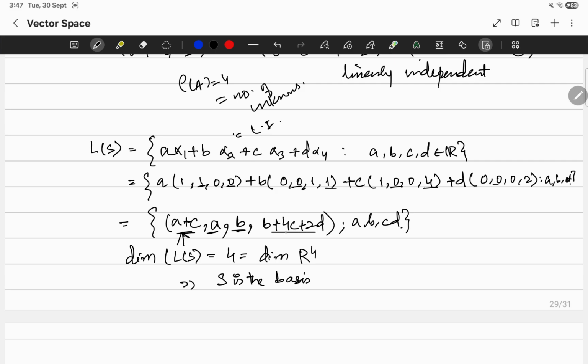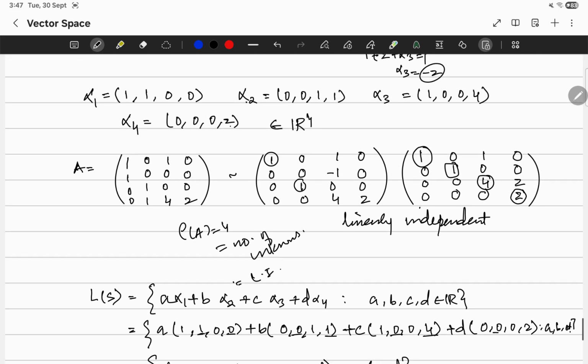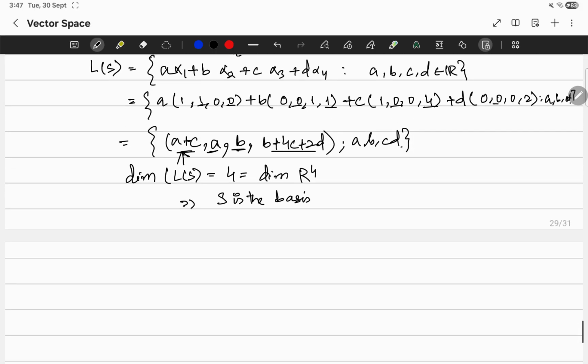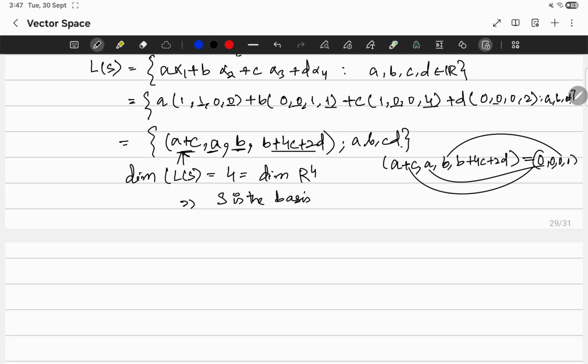You can make a matrix here and check it. This linear combination, a plus c, a, b, b plus 4c plus 2d, should be equal to 0, 0, 0, 0. So it means a should be equal to 0, b should be equal to 0, that means c will also come to 0 and d will also come to 0. So that's linearly independent. So this is the basis.